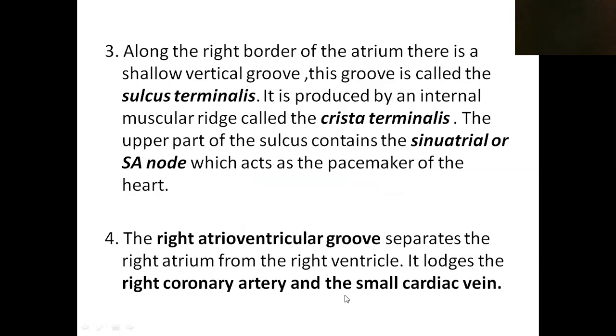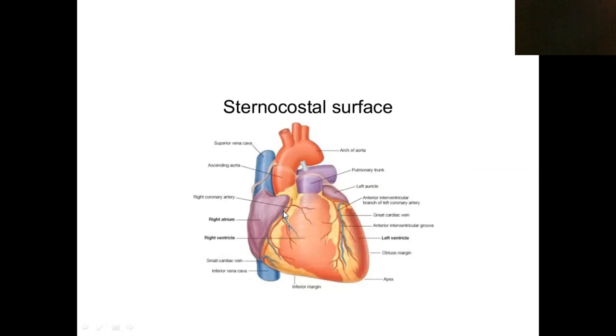Then the right coronary artery and a small cardiac vein. The right coronary artery is located in that groove, and another vein, the small cardiac vein, is also located in that groove.